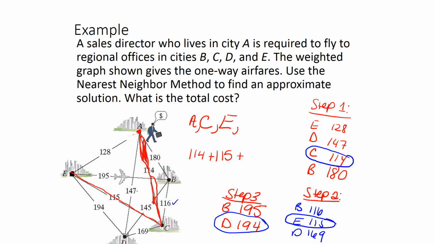So we will hit D next at 194, and then we have to hit B. If we go from D to B, that's 145, the only one that hasn't been hit, and then we have to go back to A.